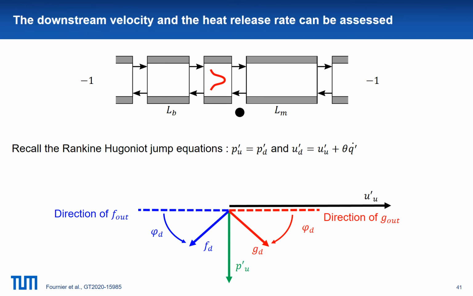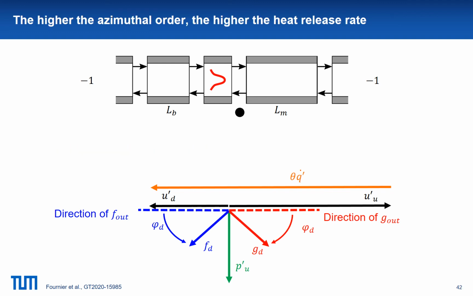And knowing that F minus G is the velocity, we obtain the velocity downstream of the flame, and therefore with the Rankine-Hugoniot equation we also obtain the heat release. The heat release rate will change with the azimuthal order. The higher the azimuthal order, the higher the heat release rate.